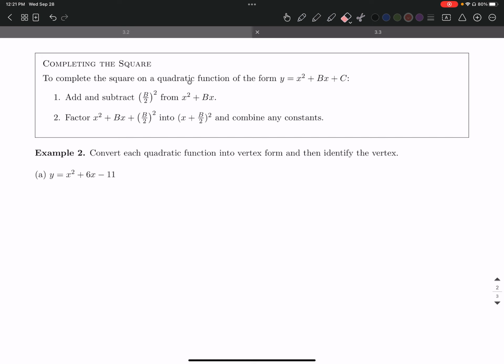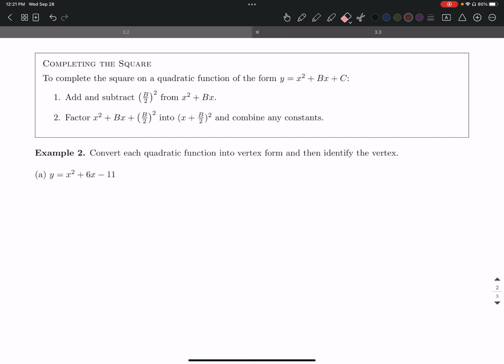We will begin by talking about how to complete the square on a quadratic function of the form y equals x squared plus bx plus c. So there's no number except the 1 in front of the x squared, and we don't usually write the 1 there.